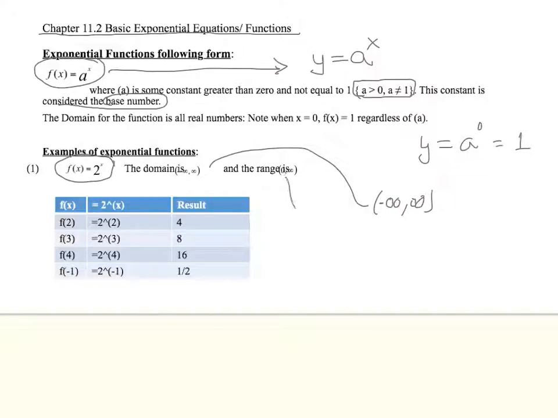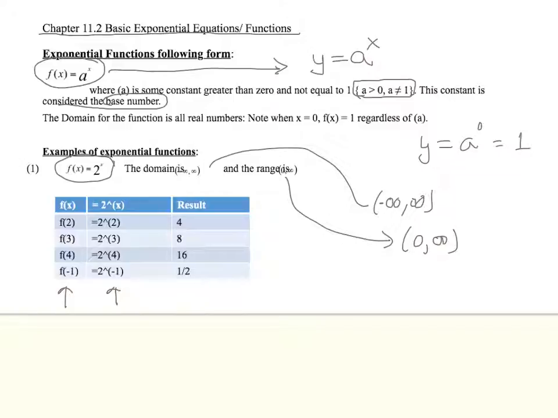And the range, turns out, doesn't include 0, but all the numbers above 0 to infinity. Okay? And so we can evaluate the function at various points, and here's a table that you can create to look at the evaluation.